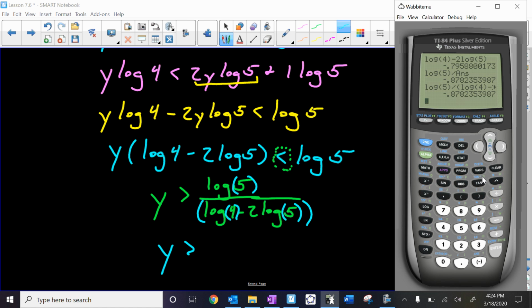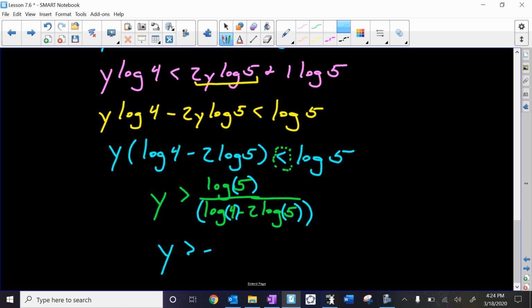So either way you want to plug it in, that'll be okay. We're going to get negative 0.8782. And that's going to be our value that we want. As long as y is bigger than that, we're going to satisfy our original inequality.